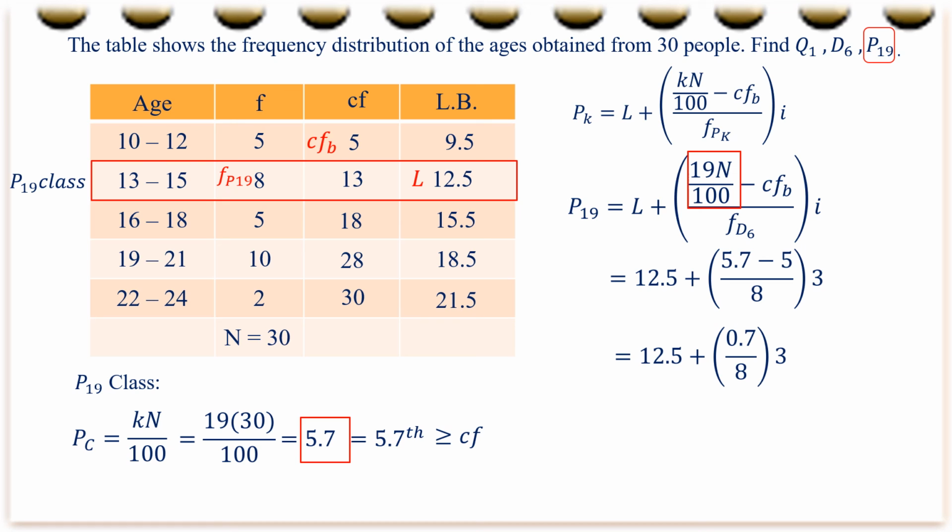Simplifying further, we get 12.5 plus 0.7 over 8 times 3, and then 12.5 plus 0.2625, so P19 is approximately equal to 12.76.